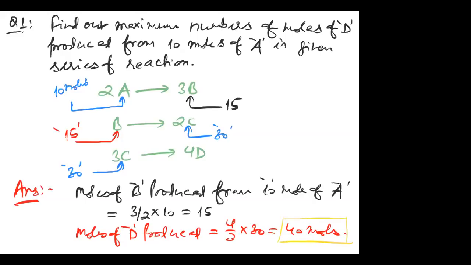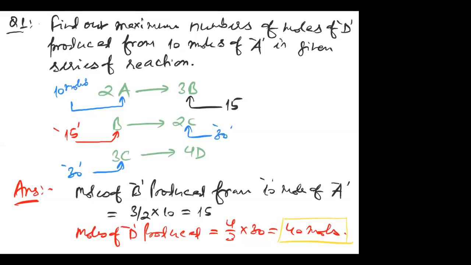I'm repeating again. Whatever stoichiometric coefficient is given in the balanced reaction for reactant and product is the same as their molar ratio. So from 2 moles of A, you will get 3 moles of B in the first reaction, and that's why from 10 moles of A, you will get 15 moles of B. Once we get 15 moles of B, the moles of C should be twice of 15, which is 30 moles.